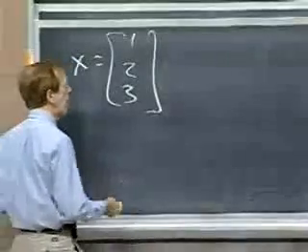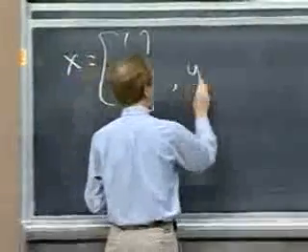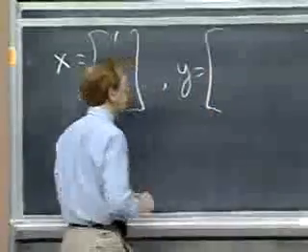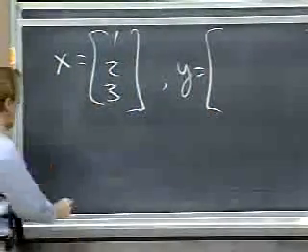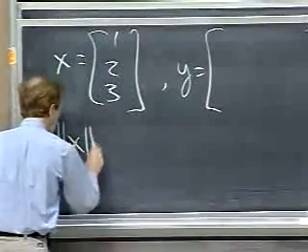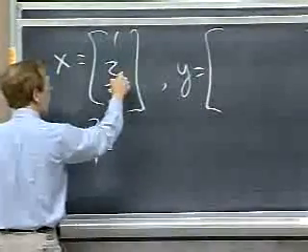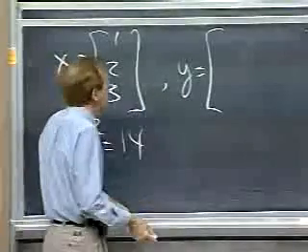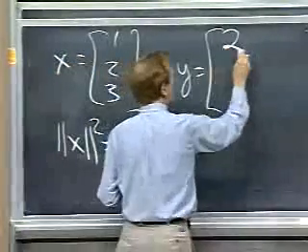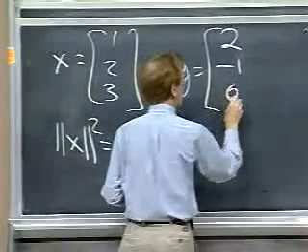So write down here, x squared is 1 plus 4 plus 9, 14. Let me cook up a vector that's orthogonal to it.